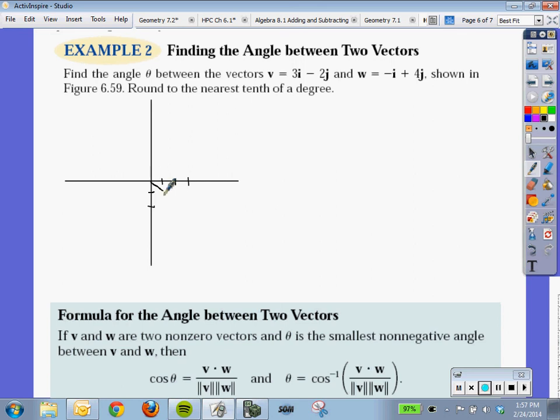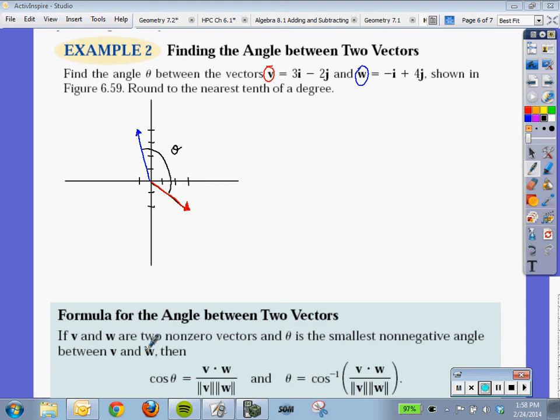So what we want to do right now is figure out the angle between these two vectors here.